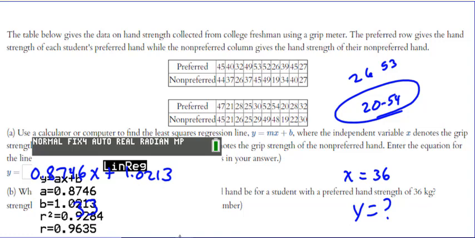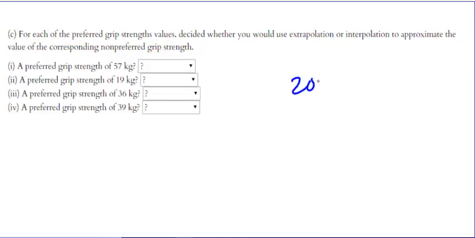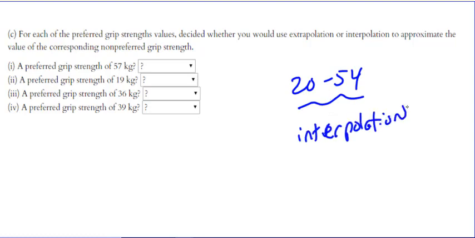So if your data is in between these, that would be an interpolation. Extrapolation would be outside of that.